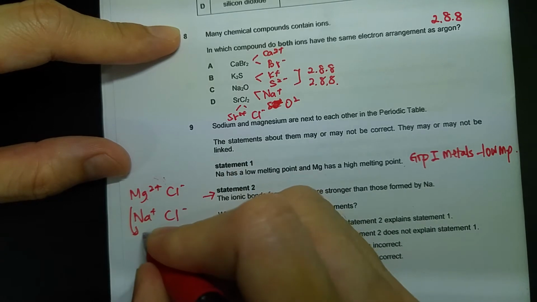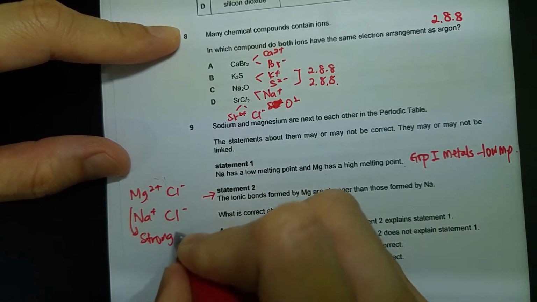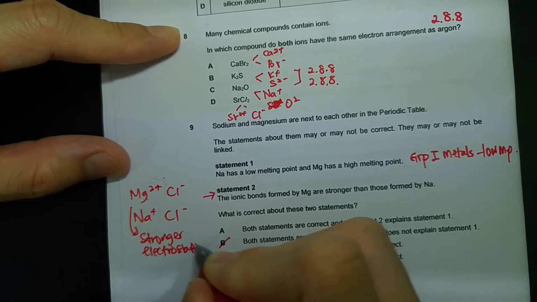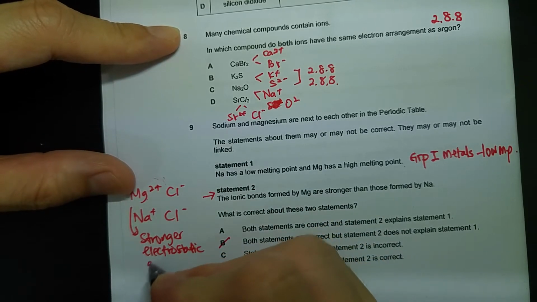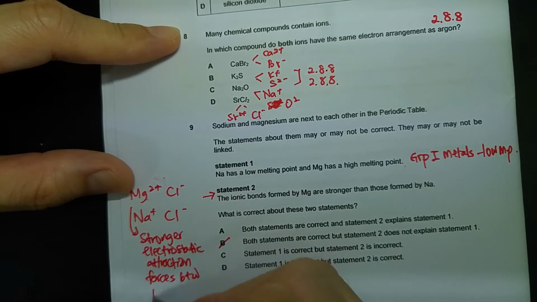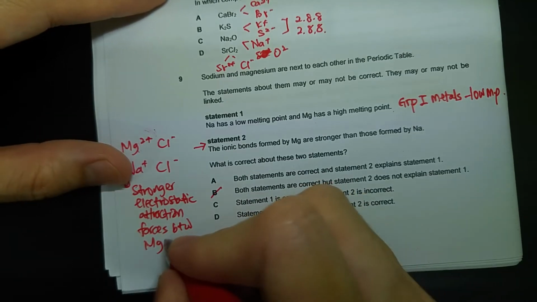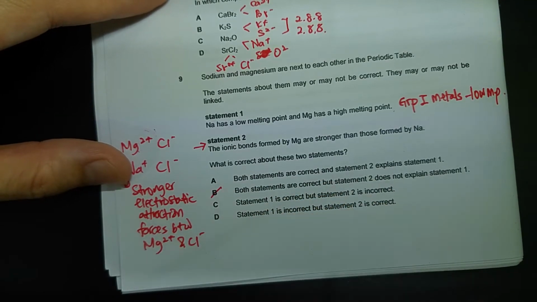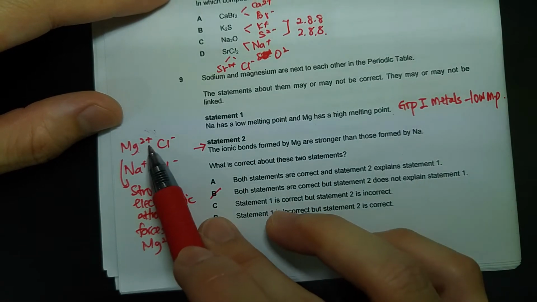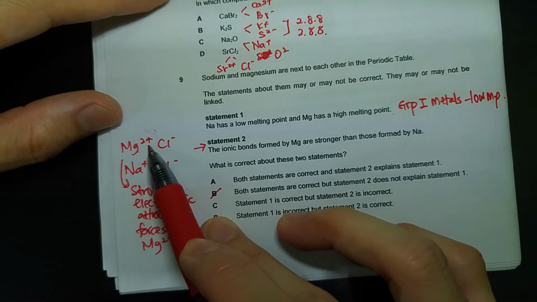So there are stronger electrostatic attraction forces between Mg2+ and Cl− compared to between Na+ and Cl−, because the charge is higher.